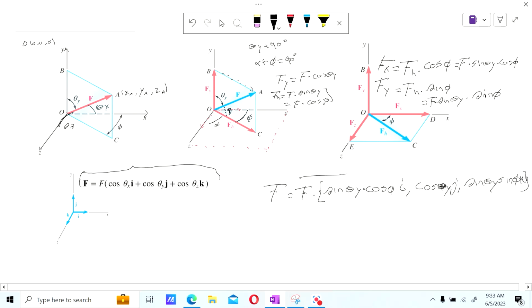So this is how we represent that vector.